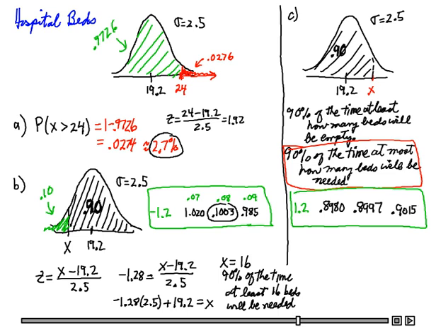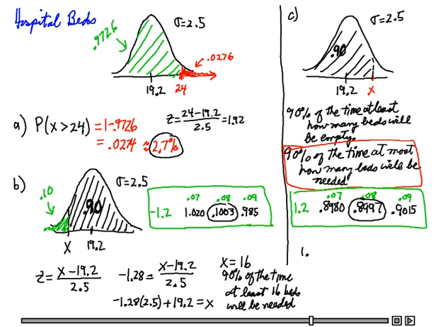And those are in columns 0.07, 0.08, and 0.09. Now, as close as I can get to 90% is the 0.8997. So in my z-score formula, I'm going to have row 1.2 and column 0.08.